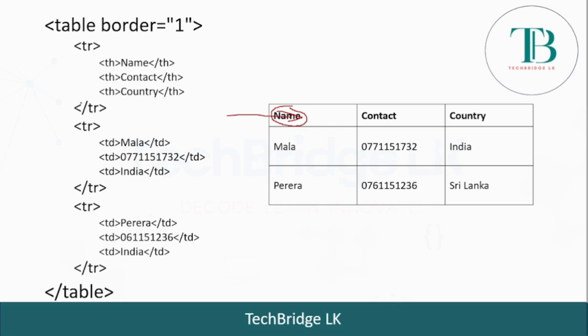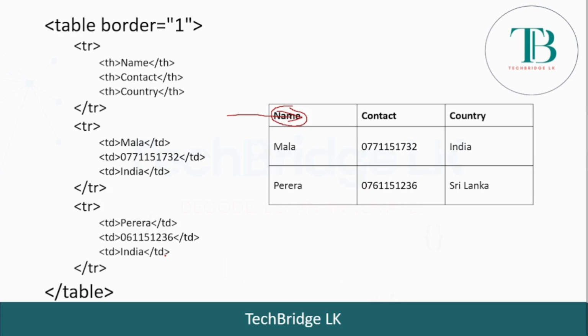Likewise, after we close this first row, we create the second table row. In here the first data is Mala, the second data is the particular telephone number, and the third data is the country India. Then we close this table row and again create the third row, and we just type this data.